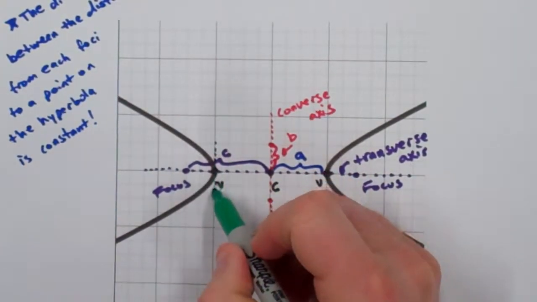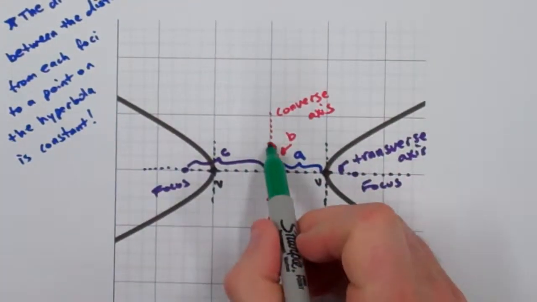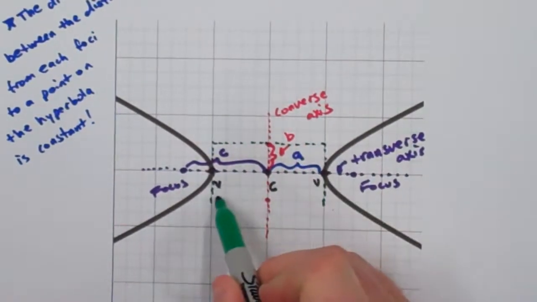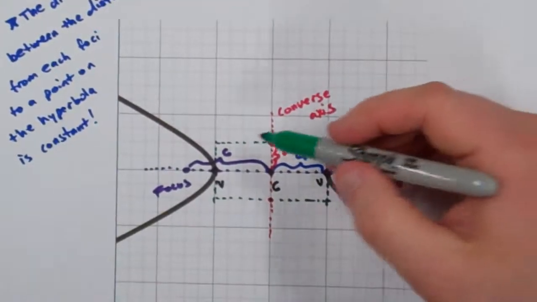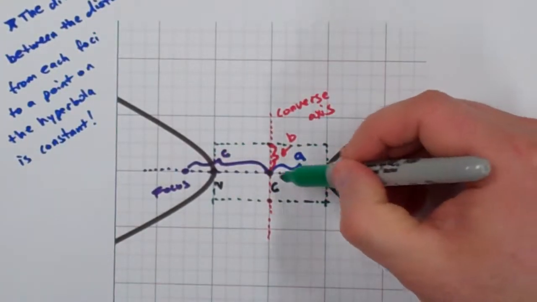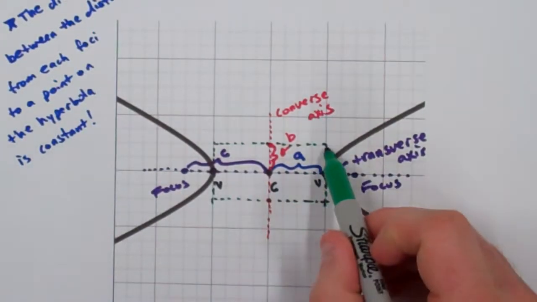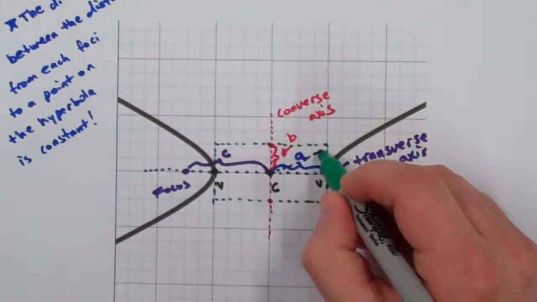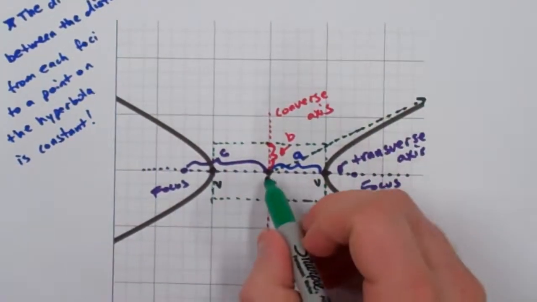We're going to draw a vertical line right through each one of these vertices. And then at B, whatever B is, you can draw another line right here, and you can form a little rectangle. And at the corners of these rectangles, which by the way, if you drew a line through each one of these corners, it'd go right through the center, you will find that each corner to the opposite corner, those will form this wonderful graphing helper called an asymptote.